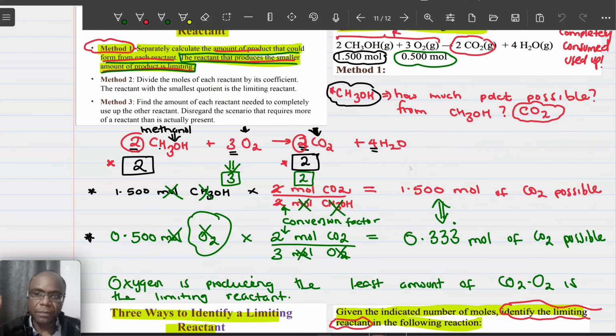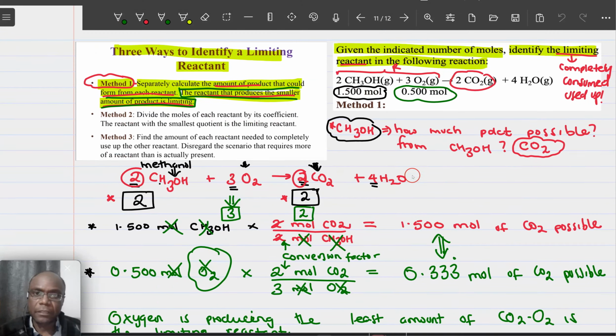Now you might be wondering, which method do you prefer to use in finding the limiting reactant? Honestly, I would prefer method 1 because it not only tells me the limiting reactant or reagent, but also gives me what we call the theoretical yield, the possible amount of product that can be formed.